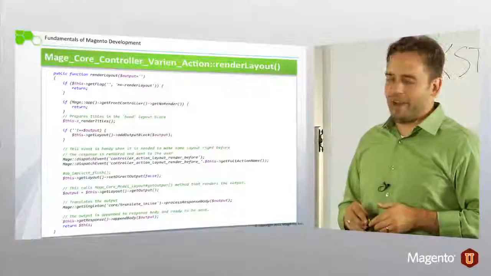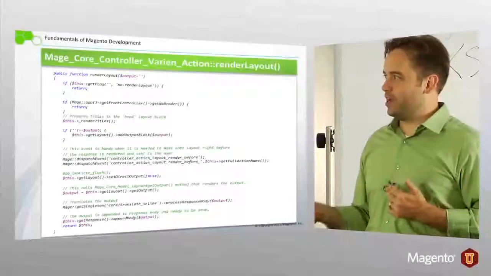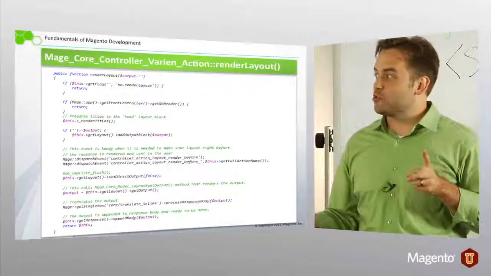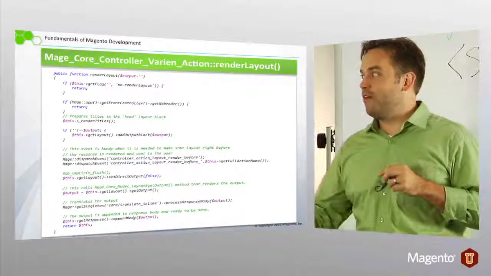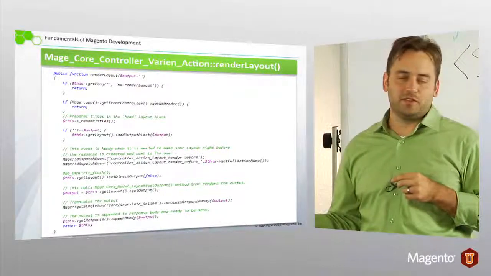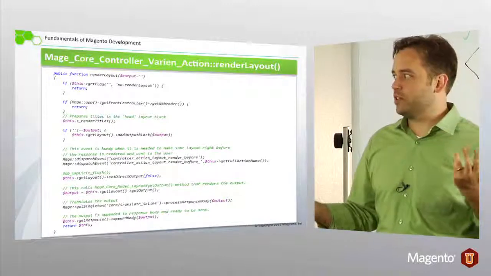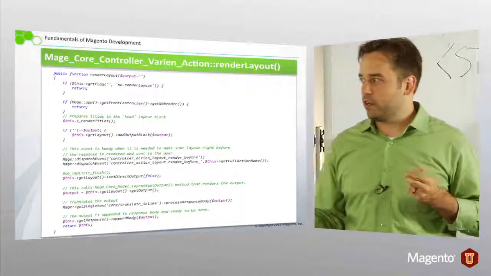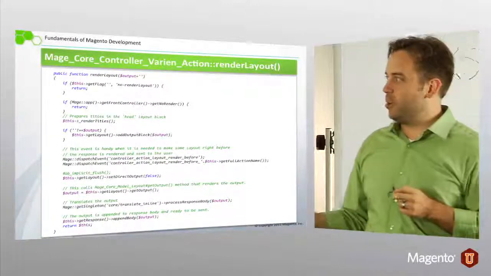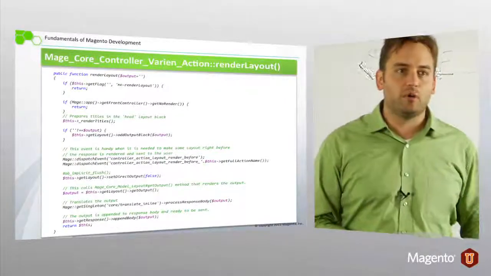All right. We also have, of course, some more events: controller_action_layout_render_before, and controller_action_layout_render_before_ with the full action name. So two events are being dispatched, a generic controller_action_layout_render_before, and then a less generic one. Say we're on the catalog product view.